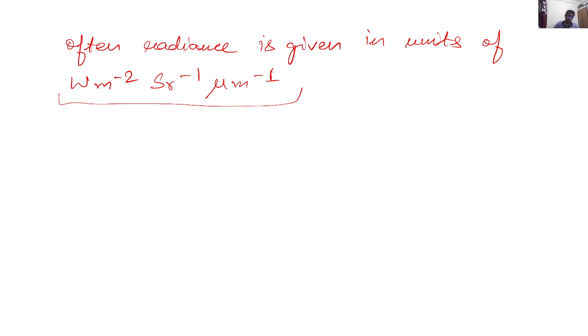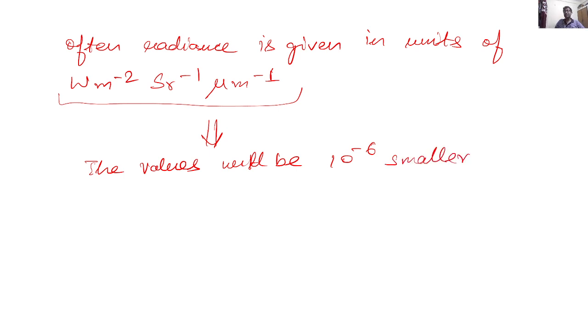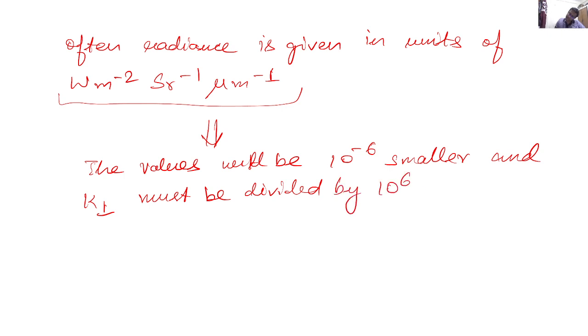So this implies the values will be 10 to the power minus 6 times smaller, because of the conversion of meters to micrometers, and K1 must be divided by 10 to the power 6.